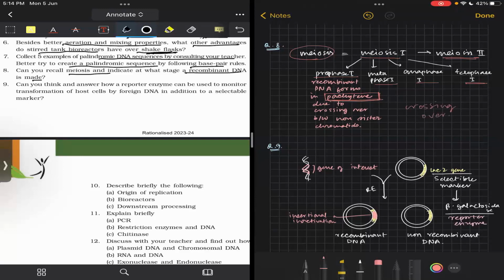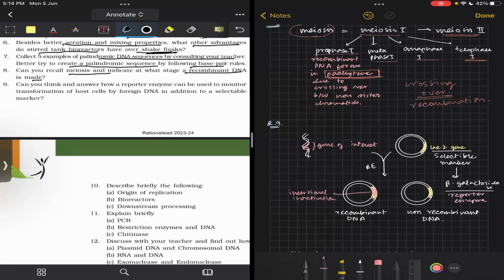And what is crossing over? Crossing over is essentially recombination, where a part of a non-sister chromatid is inserted into another non-sister chromatid. So it is basically recombination, where a segment from a different DNA is getting inserted into a different DNA. And this stage is pachytene. So the answer would be pachytene.